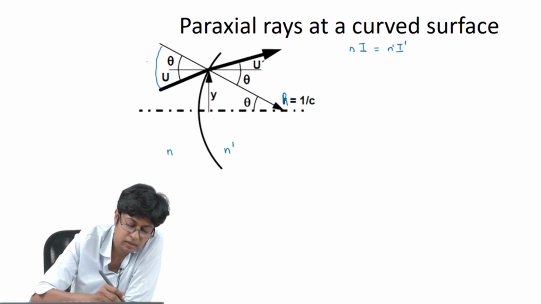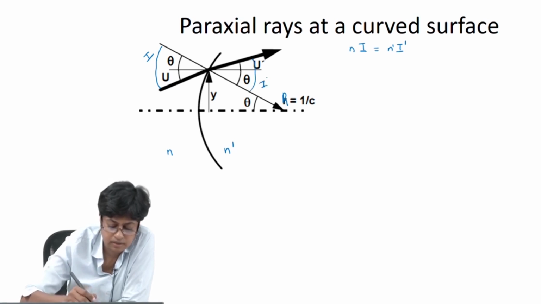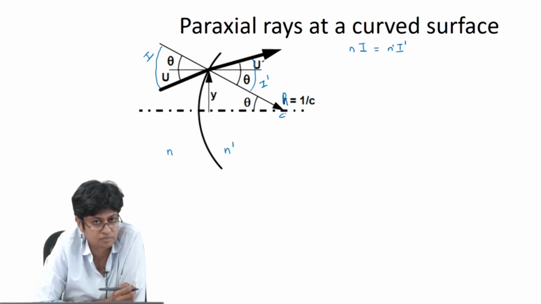What is I? It's always the angle with respect to the normal. So that's this in this case and this in this case, because this is the center of curvature of this surface.